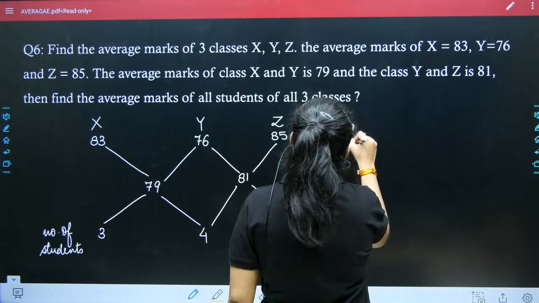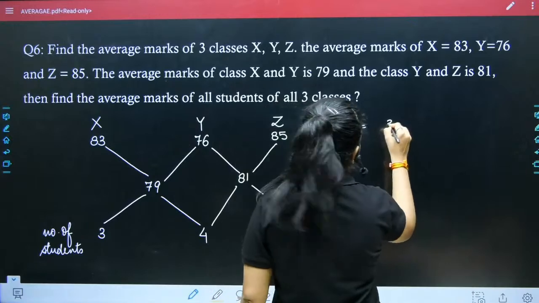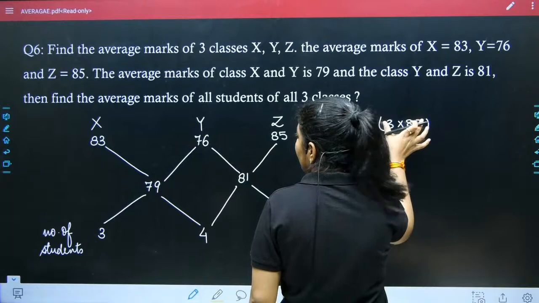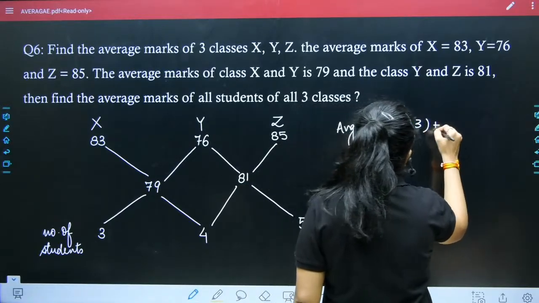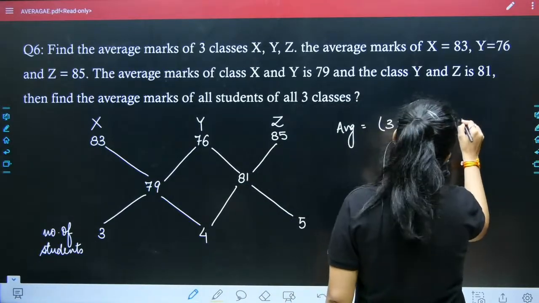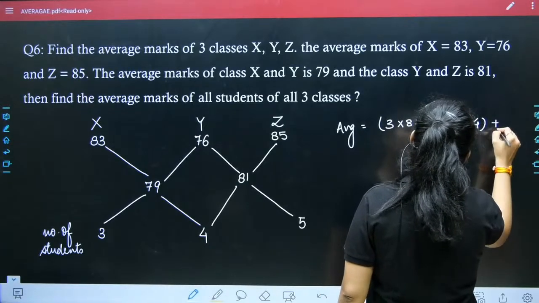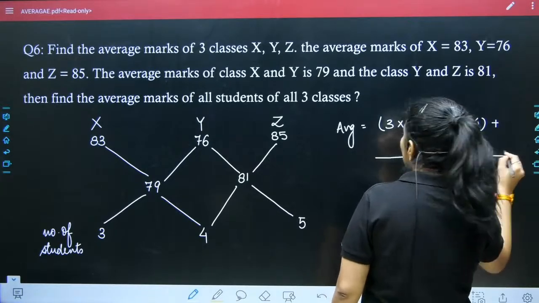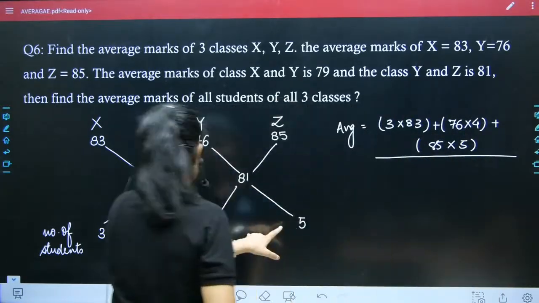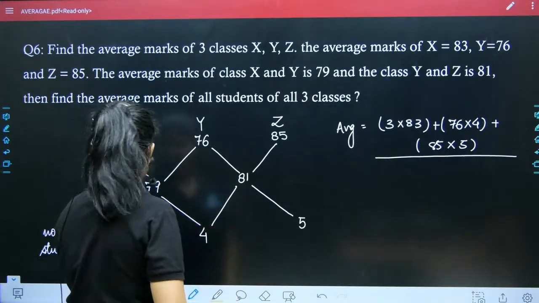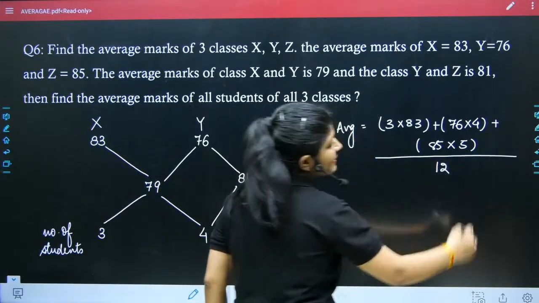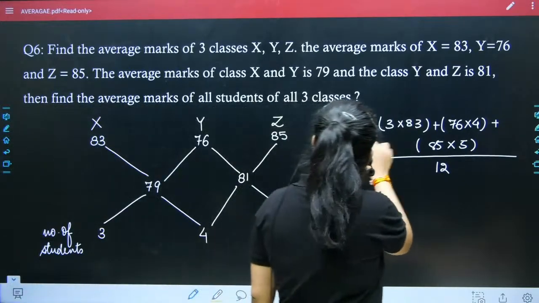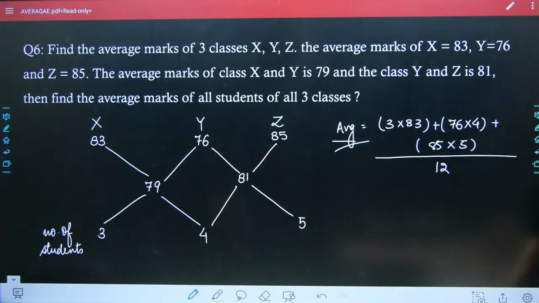How do I calculate this? 3 into 83, this is the total sum of marks of class X, plus 76 into 4, plus 85 into 5, divided by the total number of students. That means 5 plus 4, 9, 9 plus 3, 12. Now I just simply have to solve this to get my answer. Solve this and that is your answer.